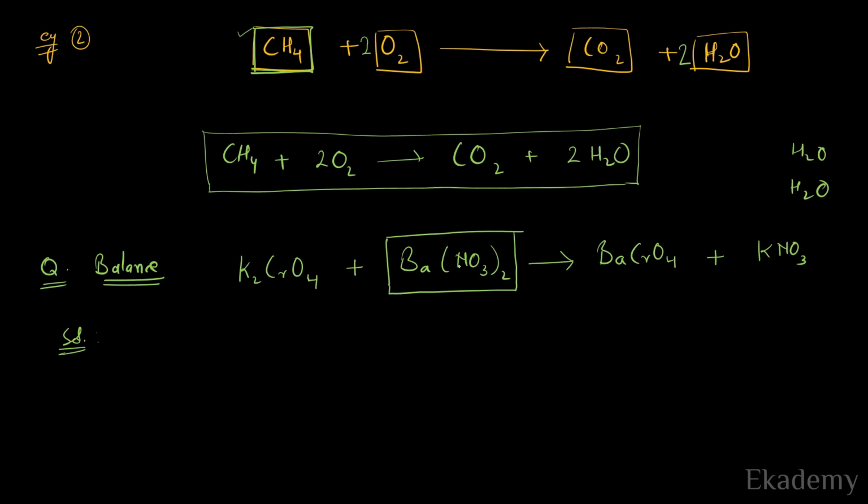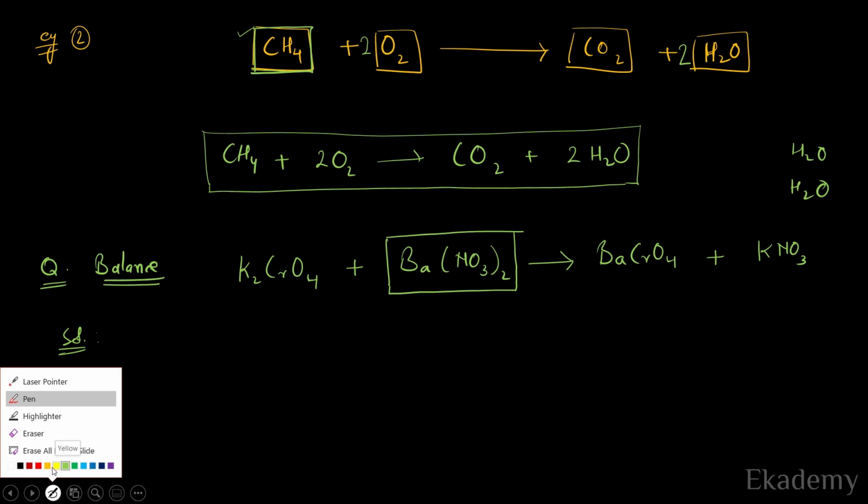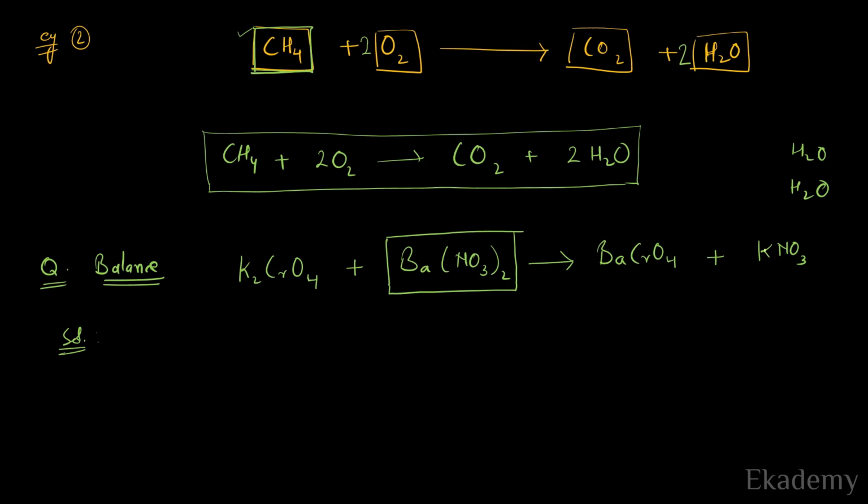What about nitrogen atoms? Two atoms of nitrogen. Towards the product side, we have one atom of nitrogen. So this is not balanced. How can we balance it? First let me put those boxes.